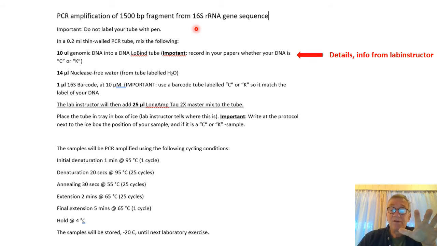And there are a lot of sequence differences in a part of this gene, so that you can compare the sequences, and you will say that, well, this is the 16S rRNA gene from this bacteria or from that bacteria. So we amplify it with PCR, and later we will sequence the same.